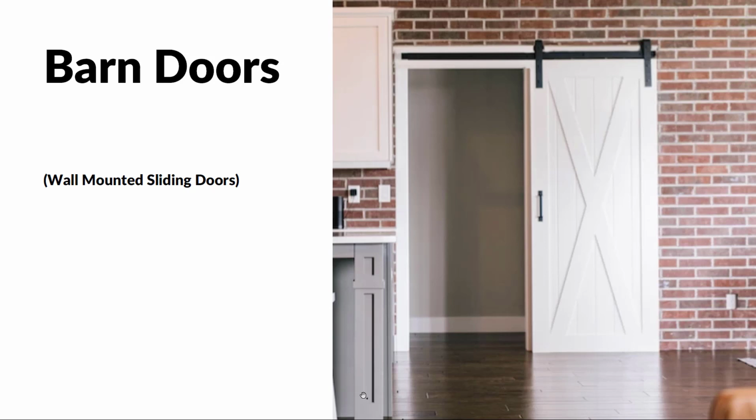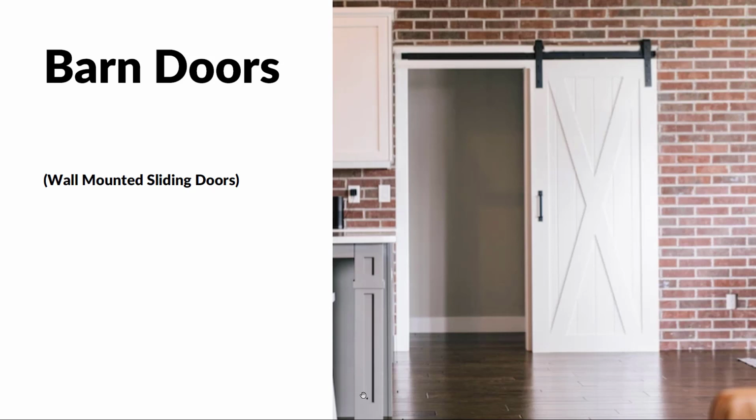With barn doors, we have a horizontal sliding behavior as well. But this time, the sliding is on a wall-mounted bracket, and it slides across the surface. So if that door were closed, it would cover the opening, but we would see the wall behind. So it's right on the surface and slides back and forth.